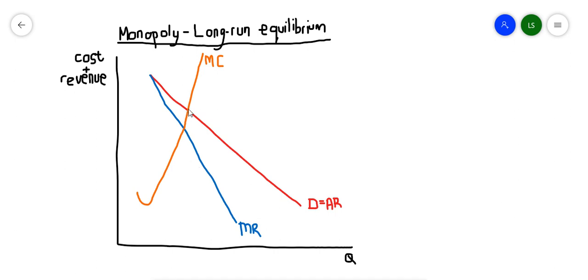You have to know your profit maximization rule, where marginal cost and marginal revenue intersect. On my graph, it's the blue and the orange graph. Where they intersect, we are going to make a little dot. And then remember, we label it point E, always point E.